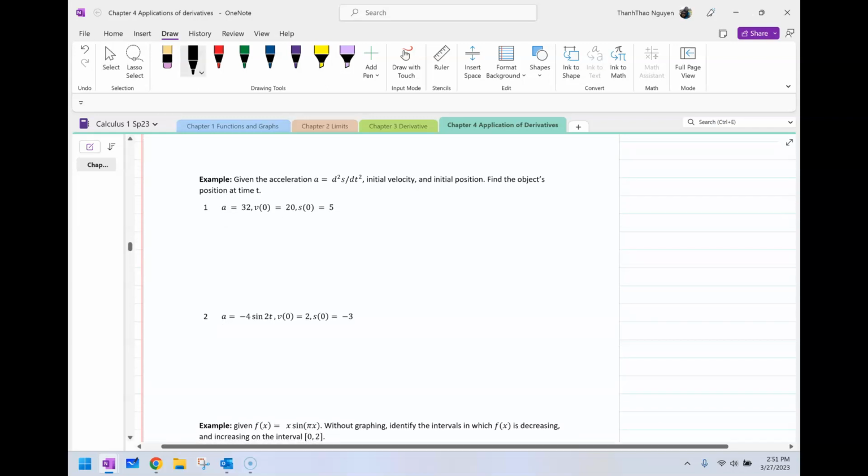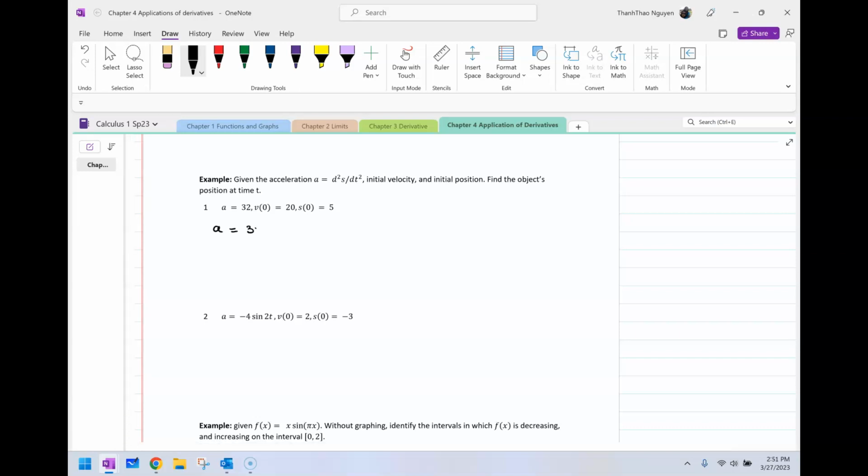We are given that the acceleration is equal to 32, which means that v of t, the derivative of v of t, equals a of t, right? So what do you take the derivative of so that you get 32? Well, that will be 32t plus a constant, whatever that constant is.